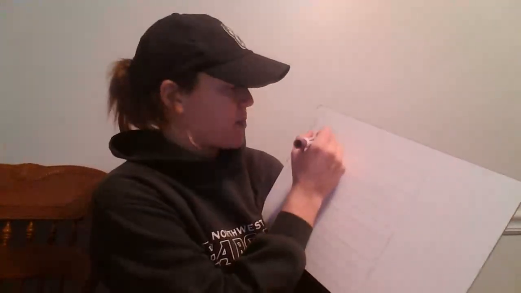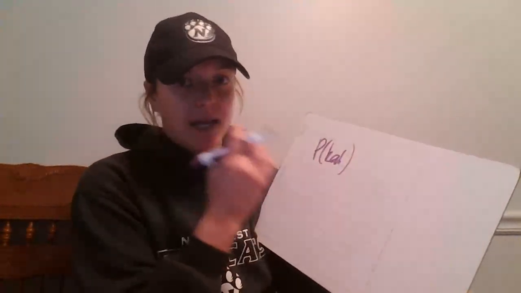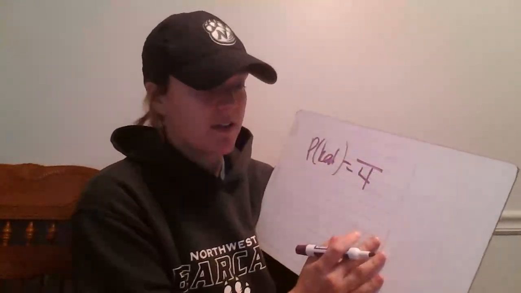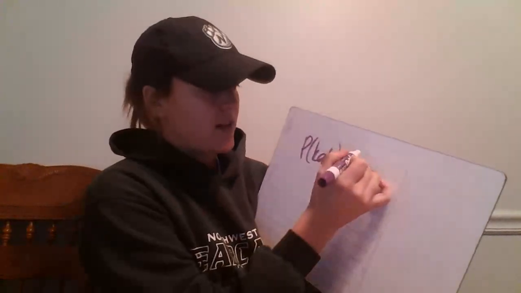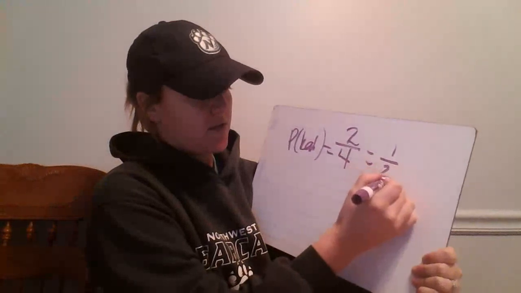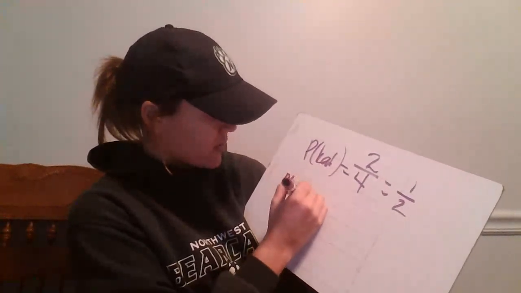So now we're going to have the probability of khaki. We're going to say that's how you spell khaki. Now we have 4 pants altogether, and he started out with 3 pairs of khaki, but he wore one. So now he has only 2 pair, which is reduced down to 1/2. Okay. Then the probability of a white shirt.